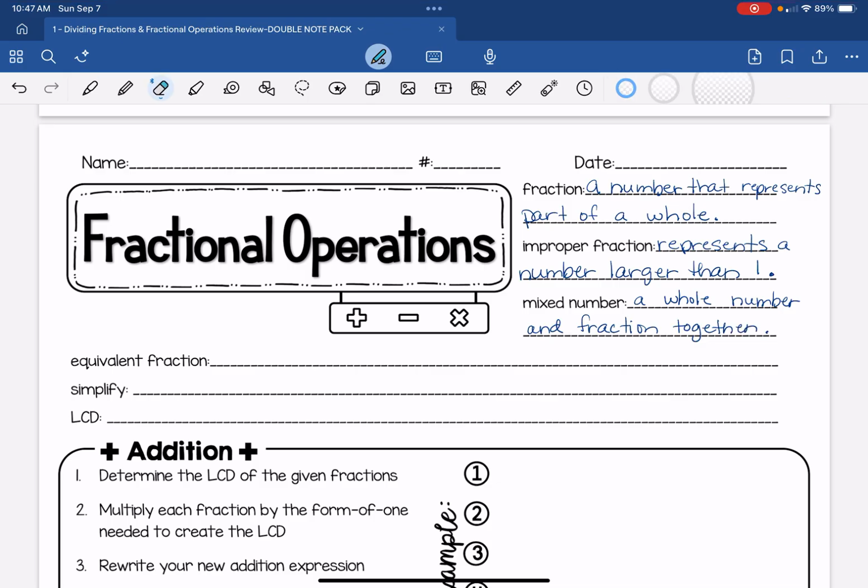So like 1 and 1/2, you would have the whole number 1 and the fraction half. An equivalent fraction is a fraction that is equal in value. An example would be 1/2 is equal to 3/6. They are equivalent fractions. Simplify means to take the fraction to the simplest form.